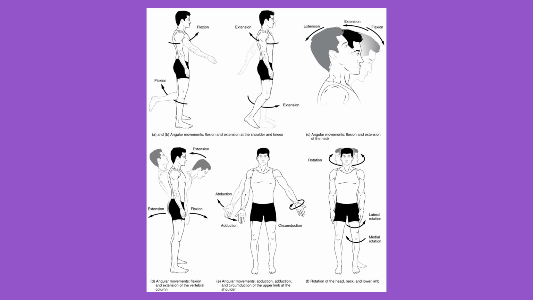The circumduction is in the bottom picture, the middle one down here, where the shoulder's staying still, but down here you are moving this around. Once again, abduction, taking it away, and adduction, you're bringing it towards, adding it towards the body.